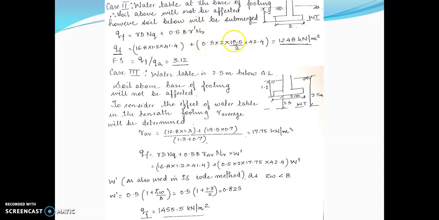Gamma dash, I am taking saturated divided by 2, so 19.5 divided by 2, into N gamma. When you substitute the values, you get the answer 1248 kilonewton per meter square. Again, factor of safety will be this qf divided by 400, that is allowable. That gives you 3.90. That is my case 2.